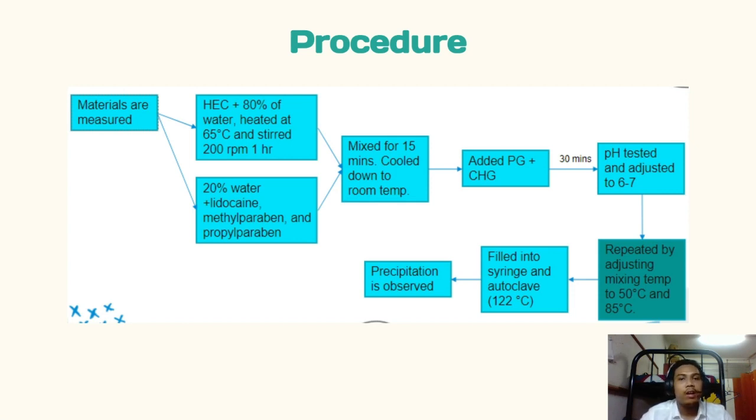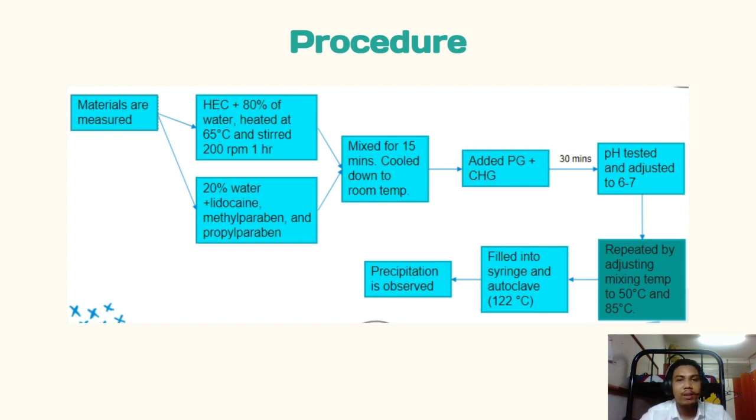Then these two solutions will be mixed for 15 minutes and cooled down to room temperature. Then we add PG and CHG, which are the preservative materials for our gel product. And then our gel product pH was tested and adjusted to a pH level of 6 to 7.